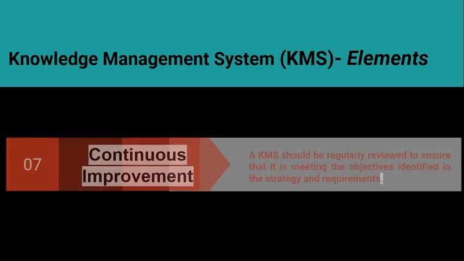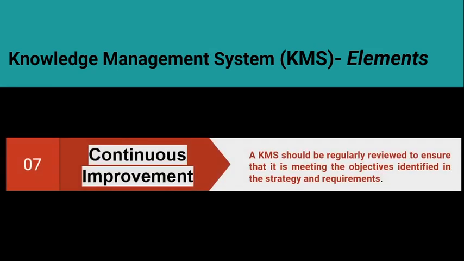And number 7, continuous improvement. Now you have established the system, you have run it, then you have left it. No. Another important area for each and every system is continuous improvement and maintenance.